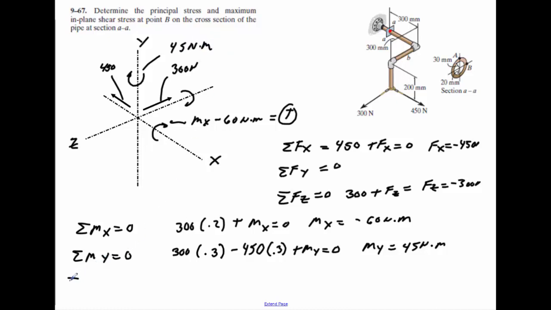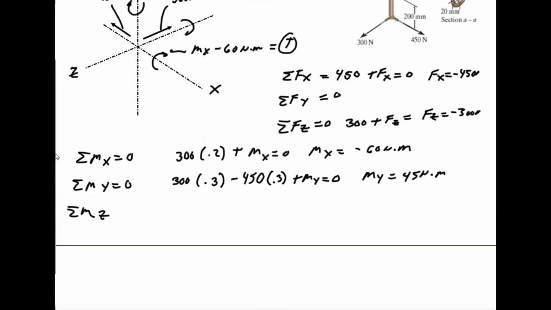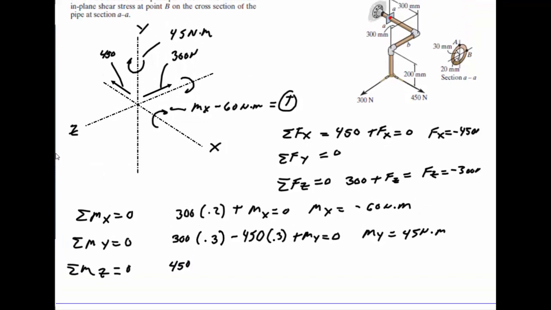We do the same thing here. We sum the moments around the z. Let's go down, give myself a little bit more space. We set that equal to 0. Again, when we're doing moments around z, we're looking for x and y forces. So the only thing that we're going to have is the 450.